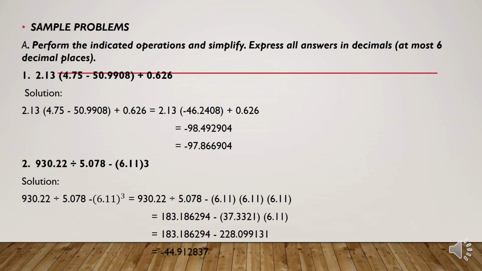For the second example, 930.22 divided by 5.78 minus 6.11 raised to 3.